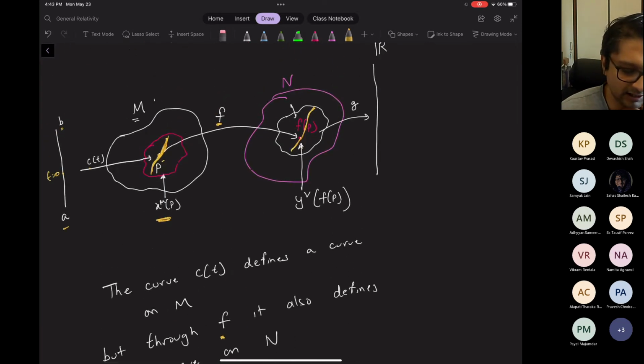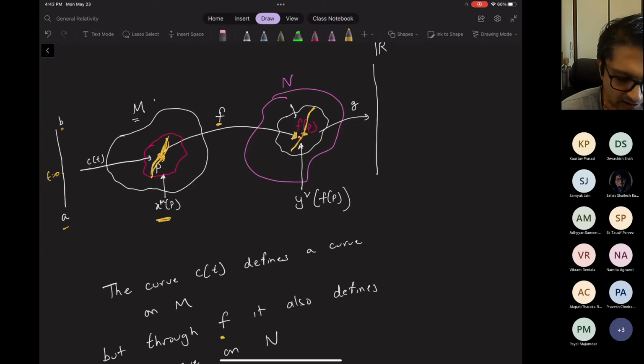I apply F to every point on this curve, and that brings me forward to some point here. And obviously F acting on C of 0, which is P, will bring me to F of P.